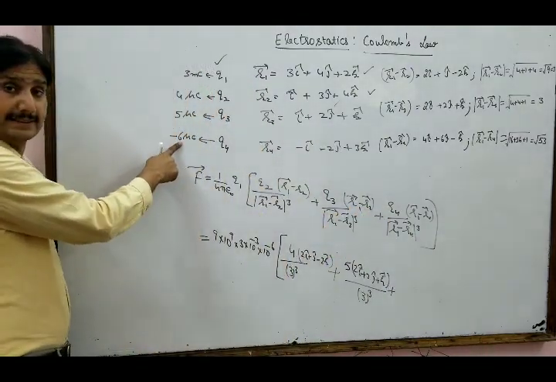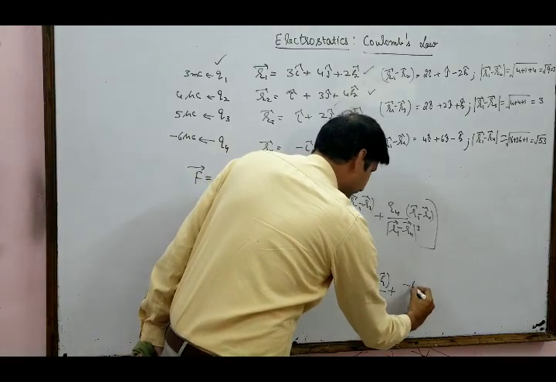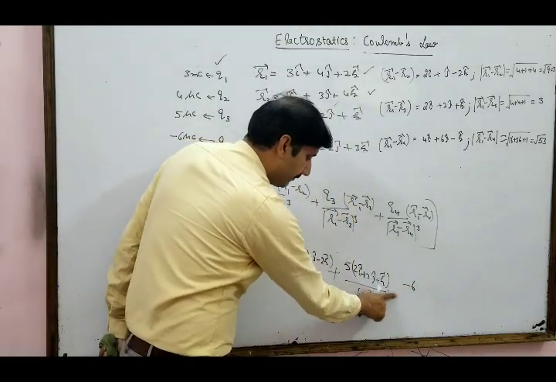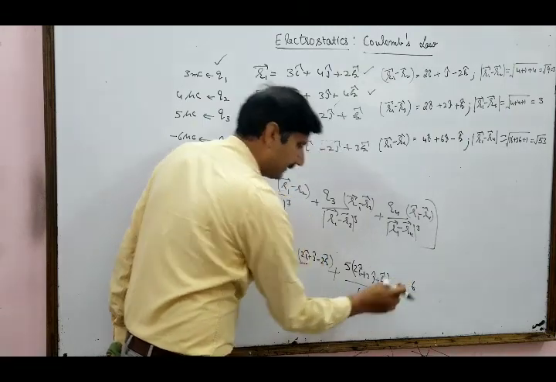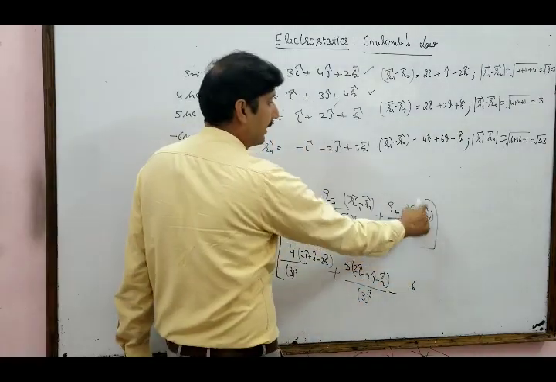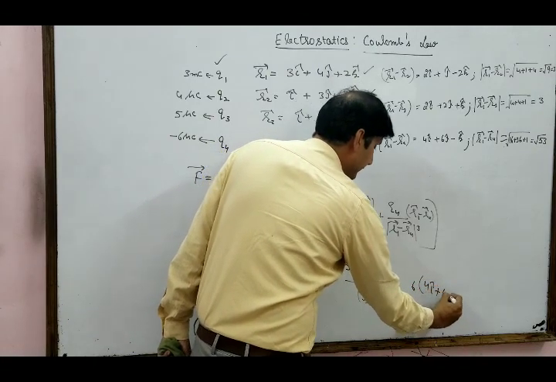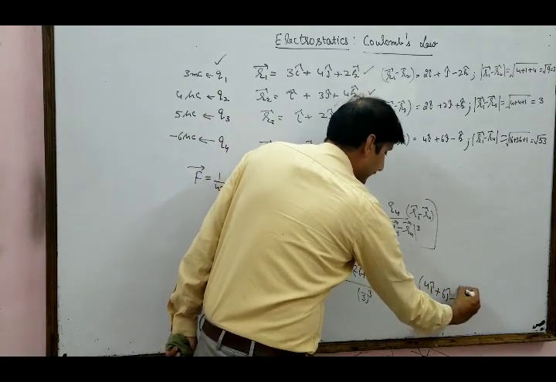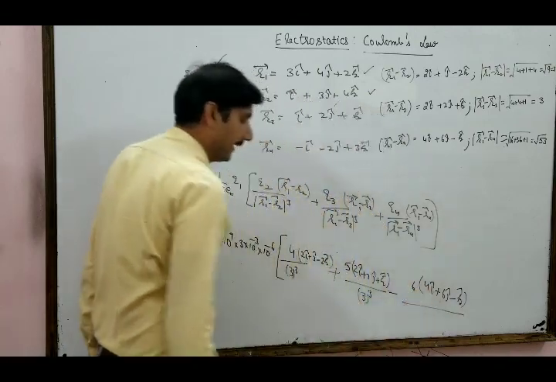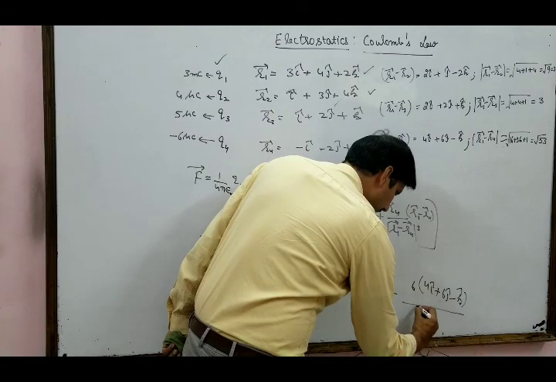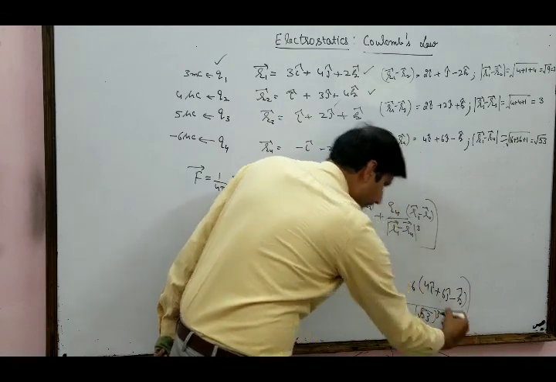Q4 is minus 6, so I will put minus 6. That means this plus sign would become a negative sign. 6 into R1 minus R4, which is 4i cap plus 6j cap minus k cap, and magnitude of that was under root 53 whole cube.